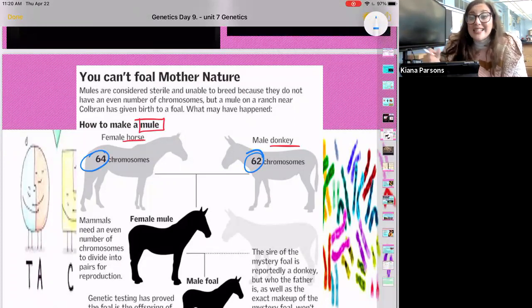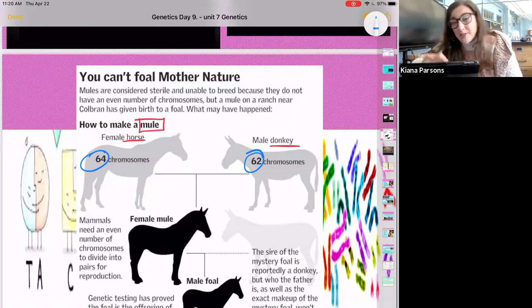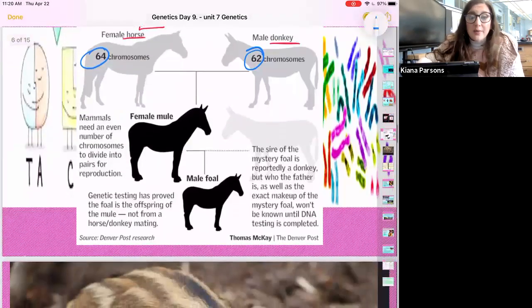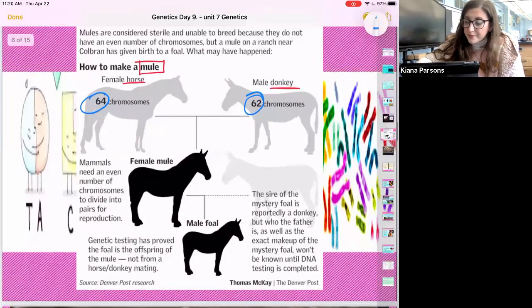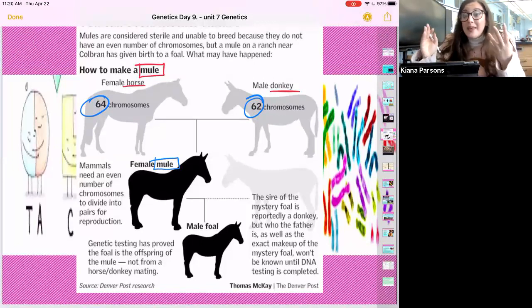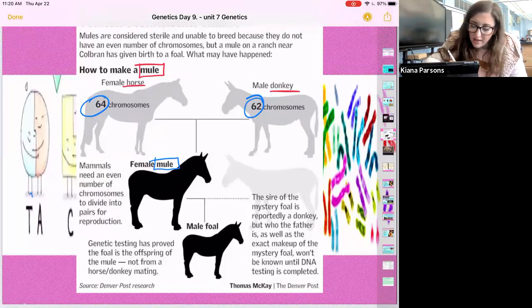But even in the case of natural production of offspring, so these two organisms can mate, they can produce an offspring, their offspring will produce what's called a mule. And what that means is the mule is not an actual species because it cannot have offspring.